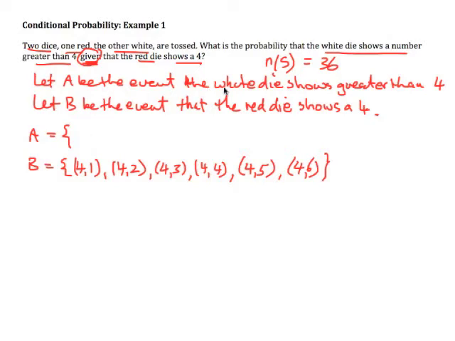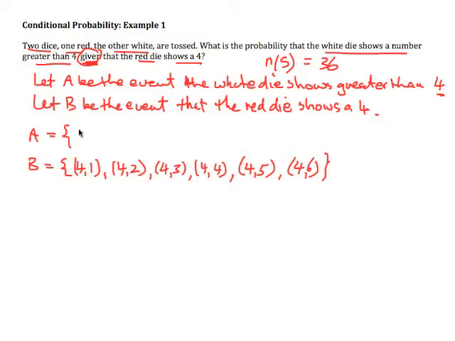All right, now let's look at A. Now A is the event that the white die shows greater than 4. So this is going to be the second coordinate. Okay, so greater than 4 means it can only be a 5 or a 6.